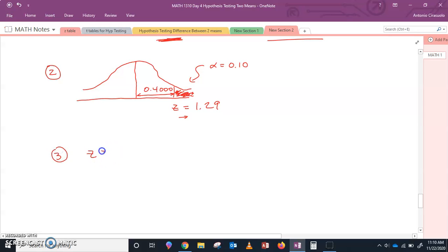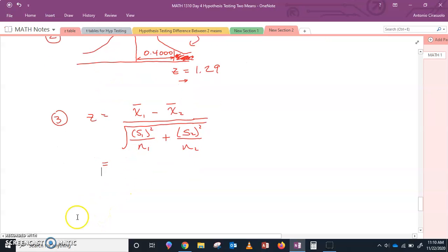So once again, Z is equal to the sample mean of class 1 minus the sample mean of class 2 divided by the square root of the standard deviation for class 1 squared, or the variance, divided by the sample size of class 1, plus the variance of class 2, divided by the sample size of class 2. Based on this, see what you come up with, and once again, we'll compare our notes.